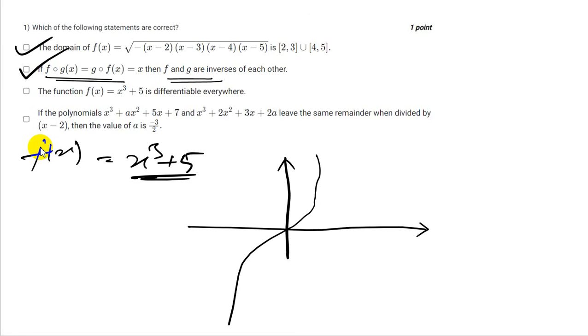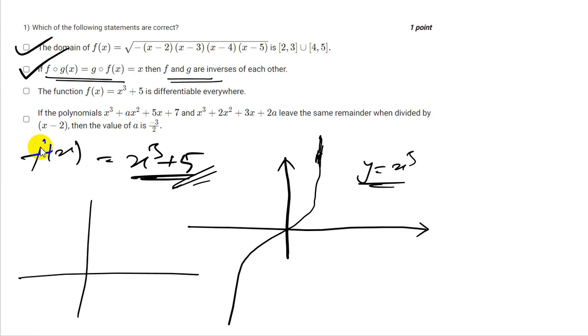It's a bit terrible, but yeah, we'll manage. Okay, this is smooth over here. So this is y is equal to x cube. Now if we add 5, then this graph will just move 5 units upward. Okay, so this will become like this.